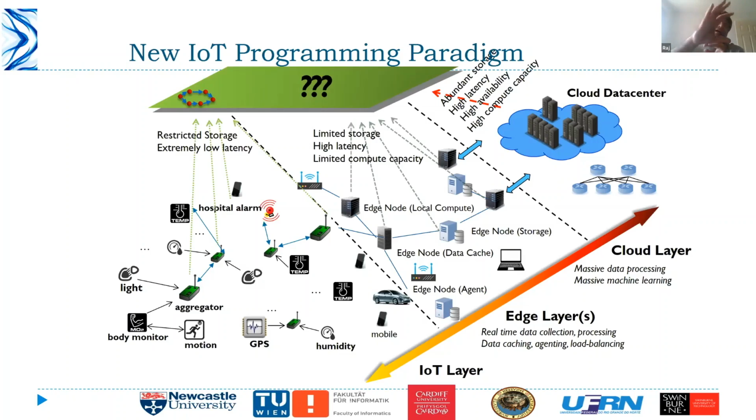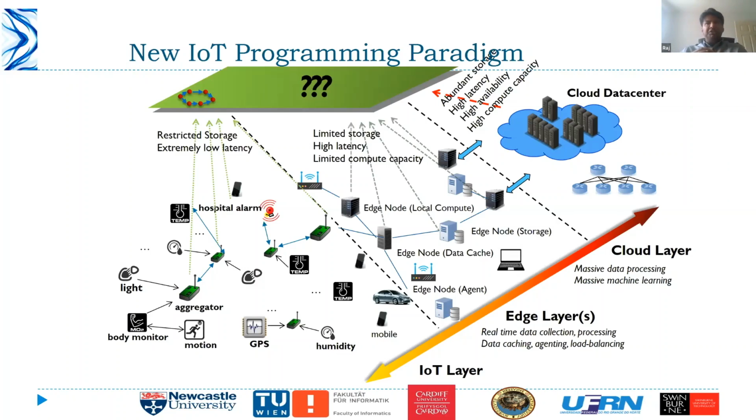Mostly this IoT layer is connected to the edge layer where you are able to do some pre-processing, and as compared to the IoT layer, it has more storage and more computing power. But again, the edge layer is not very advanced either. So when you have a lot of data streaming from hundreds of sensors, you can't store that at the edge layer, you have to push that to the cloud layer. The hard part is that whatever IoT programming paradigm we develop needs to work across these three layers.